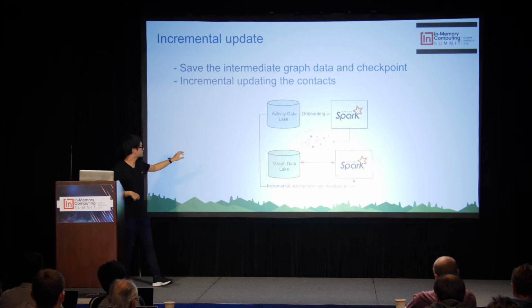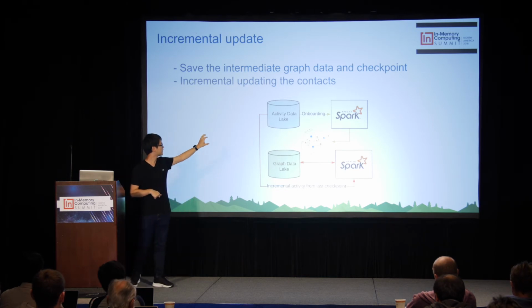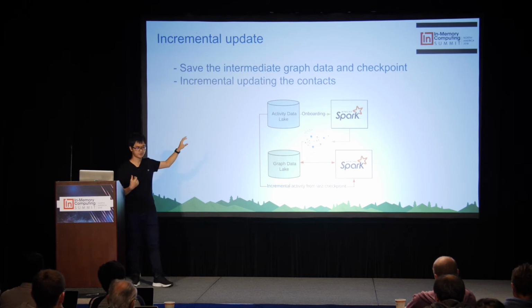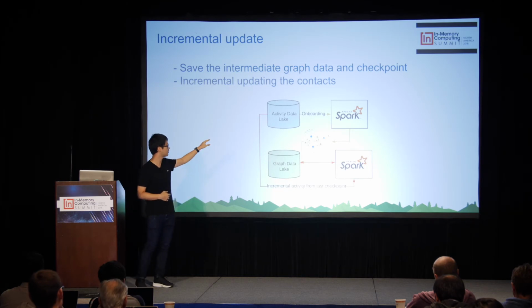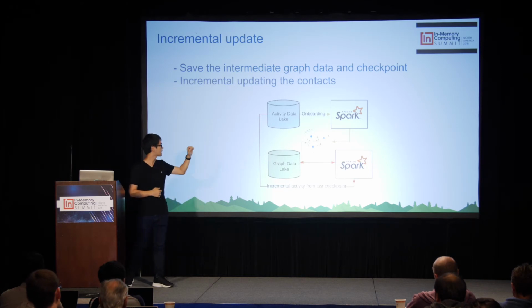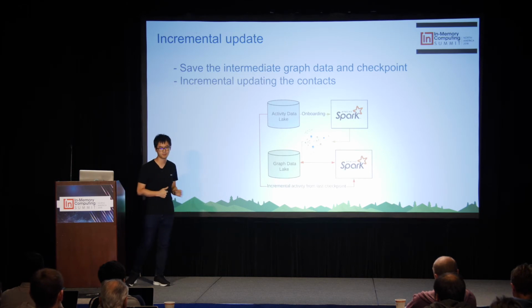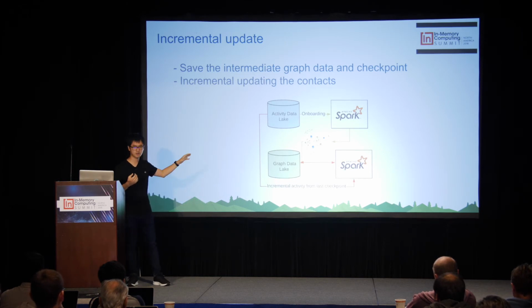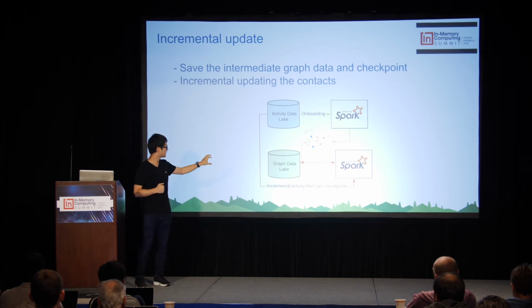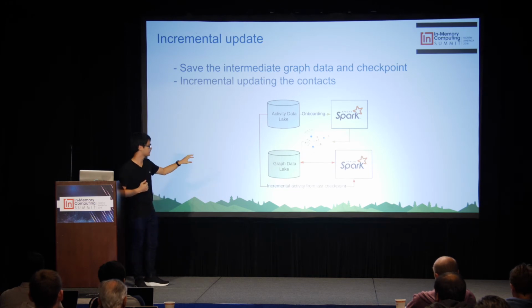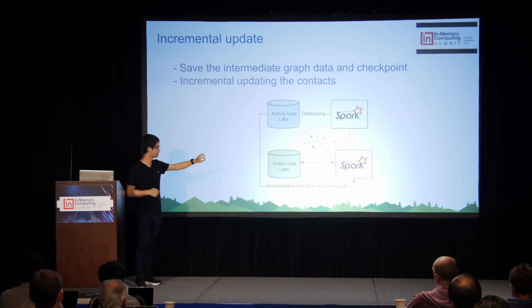As the graph shows, on the first day, day 0, we have a job called the onboarding job, which loads everything and generates a graph. And we have built a data lake called the graph data lake, which stores the graphs for every organization.